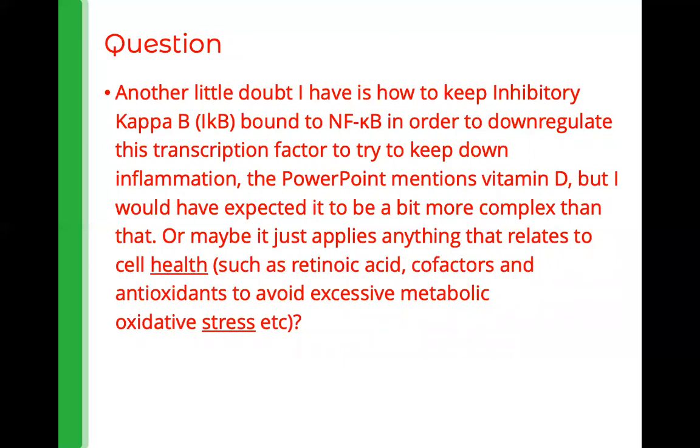I think a lot of the time, if we get too reductionist, as a practitioner, you're not really going to look at the downregulation of the transcription factor. It's more a case of the bigger picture. But yeah, no, I will definitely go and look it up.